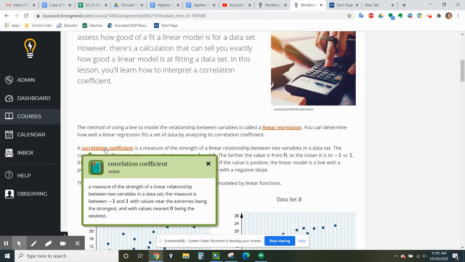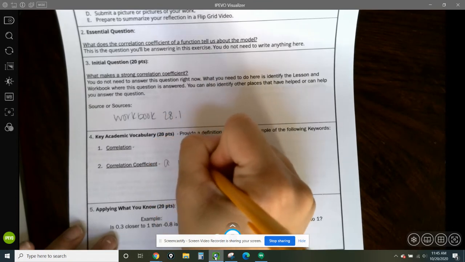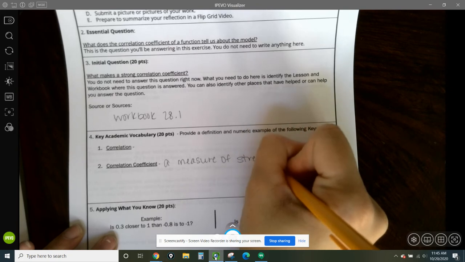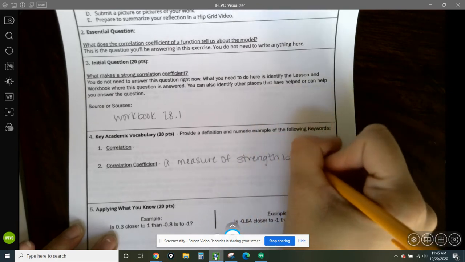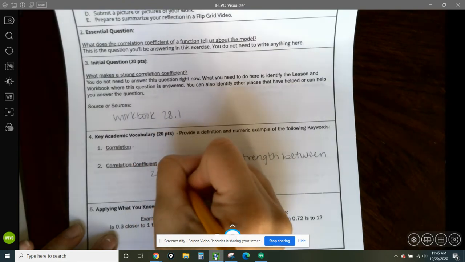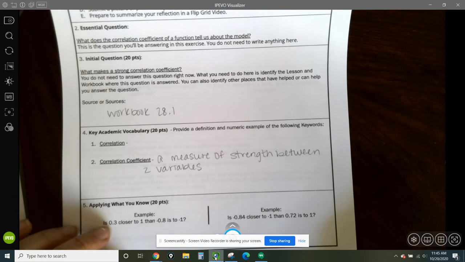So that's what I want us to write right now: a measure of strength between two variables. Remember, you can pause this video anytime if you need more time to write.